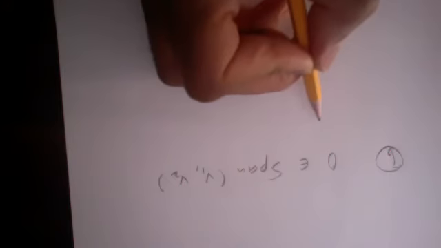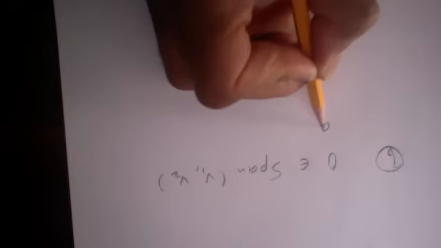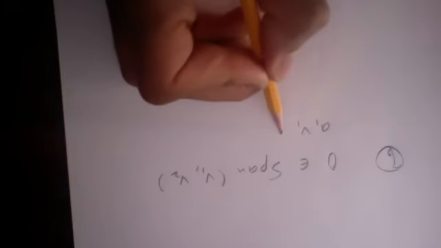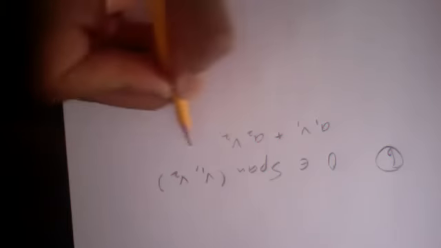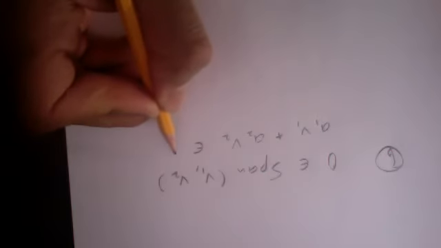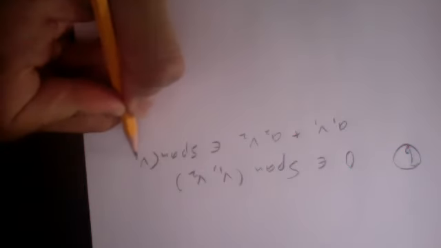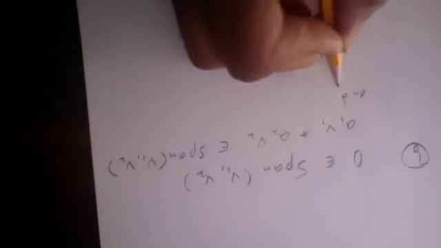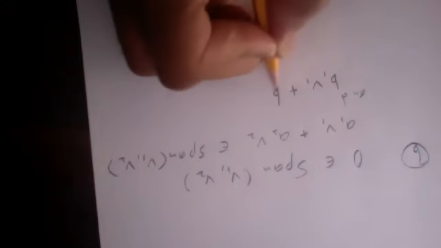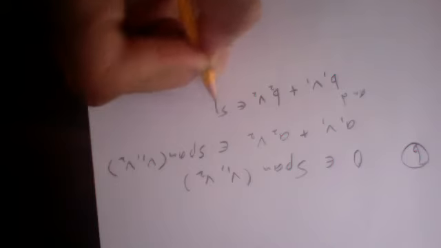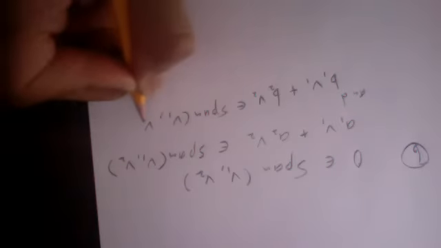You also want to show that if A1 V1 plus A2 V2 belongs to the span of V1, V2, and B1 V1 plus B2 V2 is also in the span, then these are the conditions you're looking for.